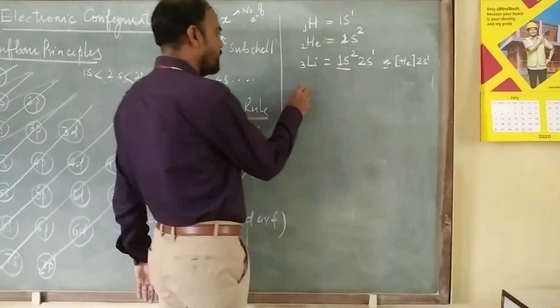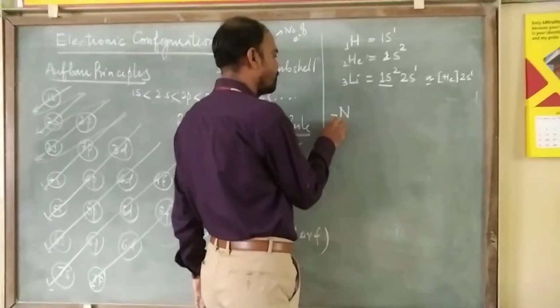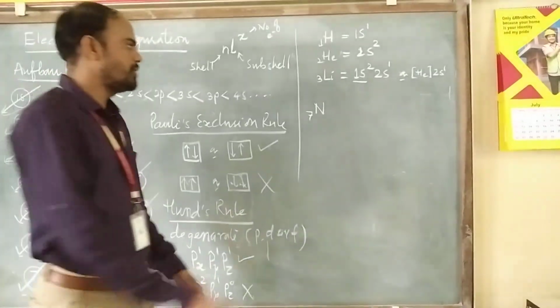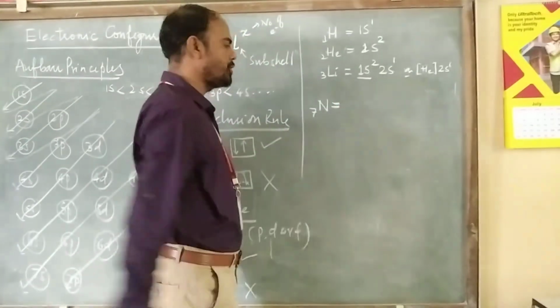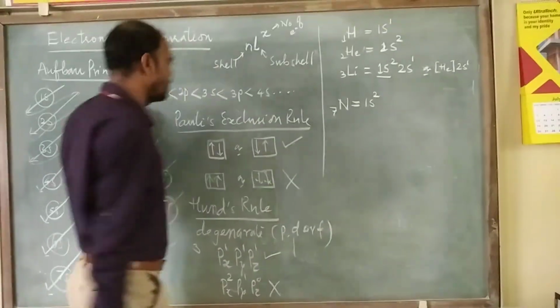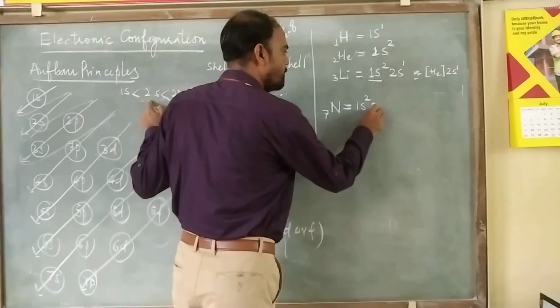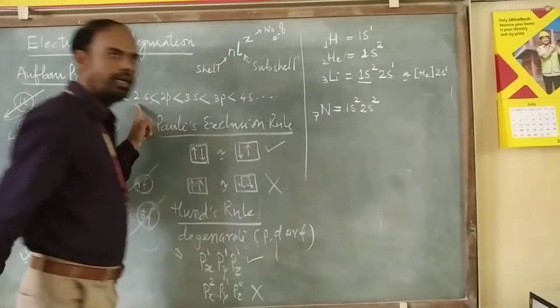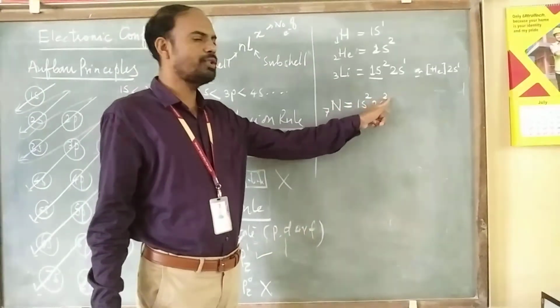Now if I take the case of nitrogen with 7 electrons, we write the electronic configuration starting with 1s, 2 electrons, then 2s, maximum how many electrons? 2 electrons. How many electrons are filled now? 2 plus 2, 4 electrons.